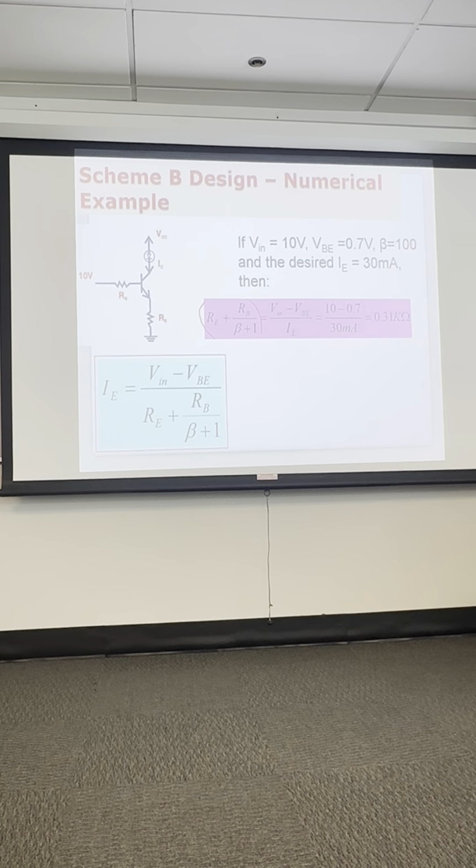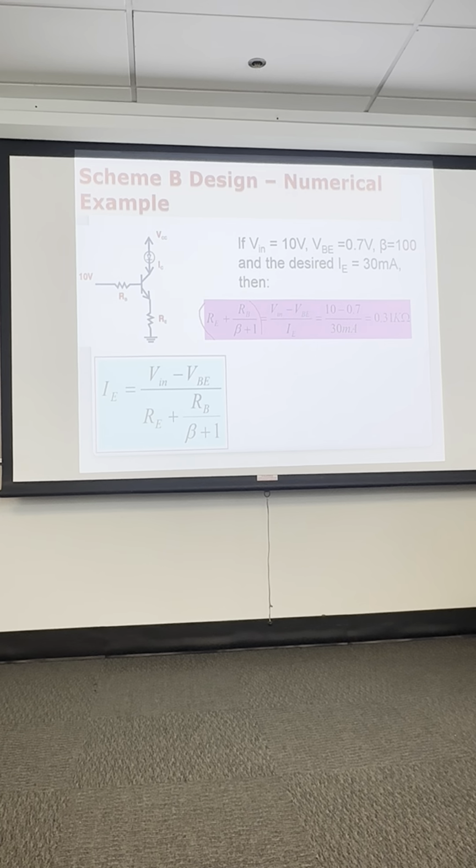So you have two unknowns here, and you have to decide on some number for each one of them. So if you decide, let's say we try RE is 250. Remember, there's hundreds and hundreds of combinations.